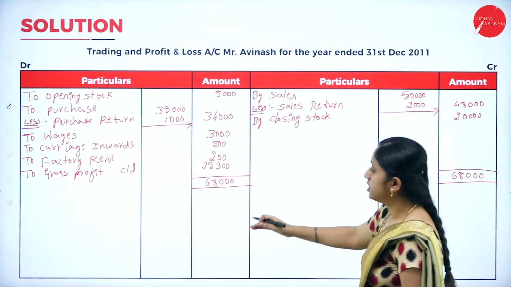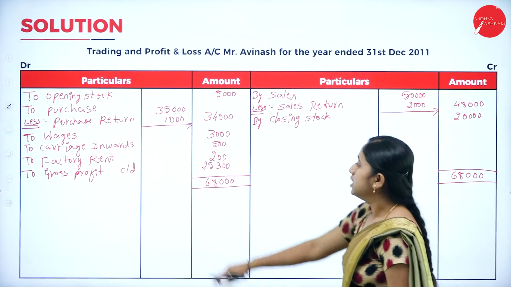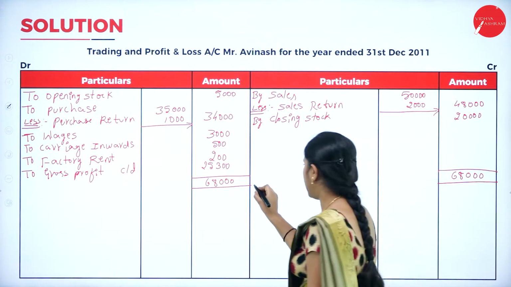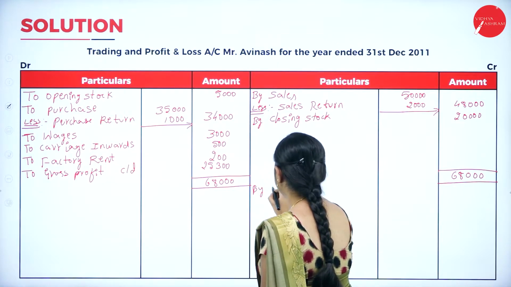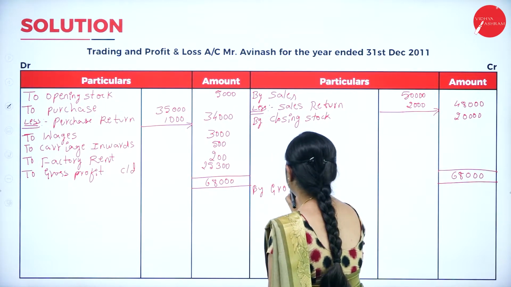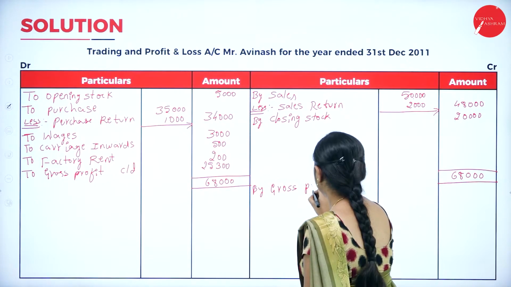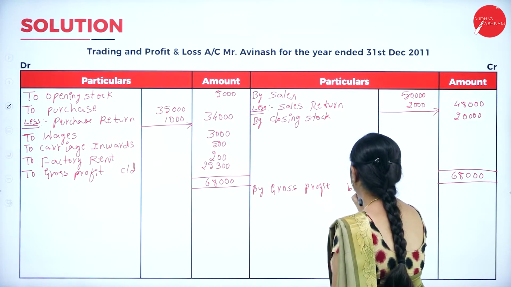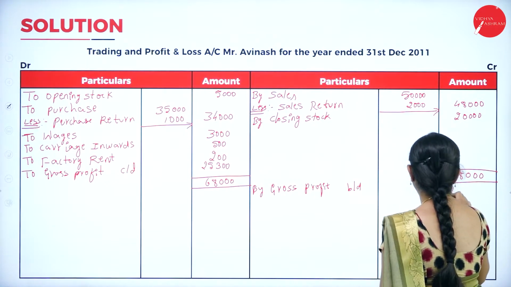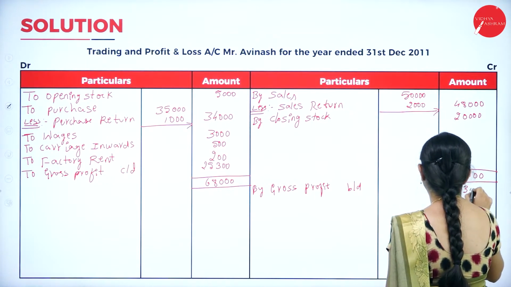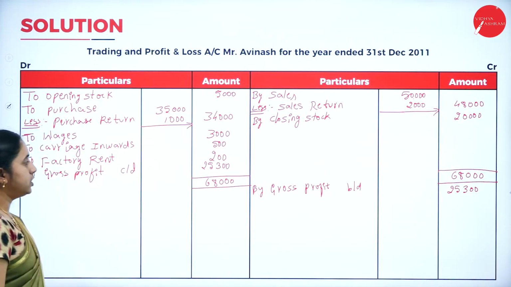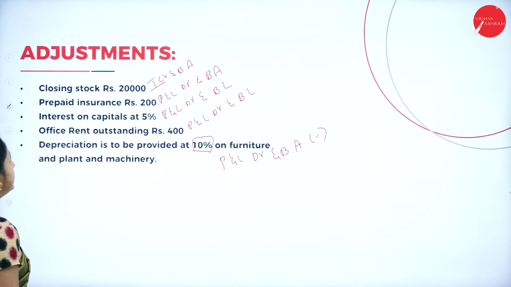After trading account, just start with the profit and loss account. Gross profit should be brought down for the profit and loss account. Right? By gross profit brought down 25,300.